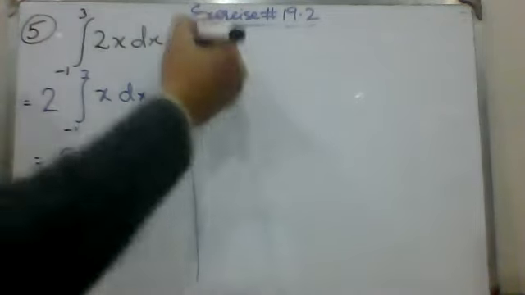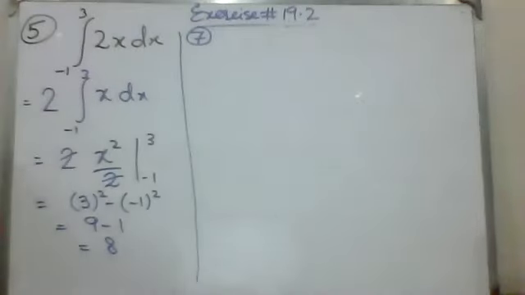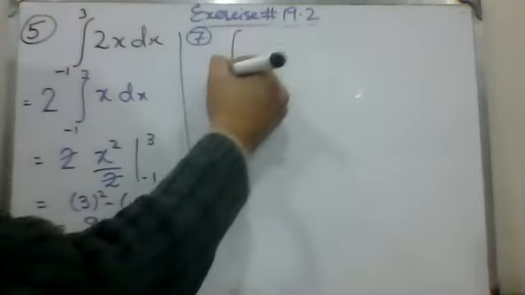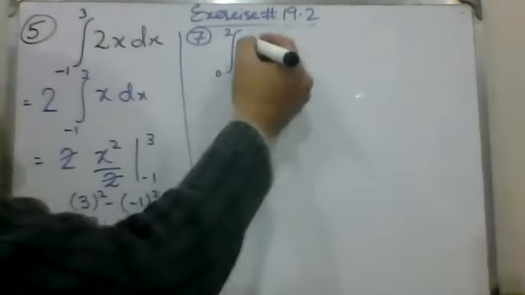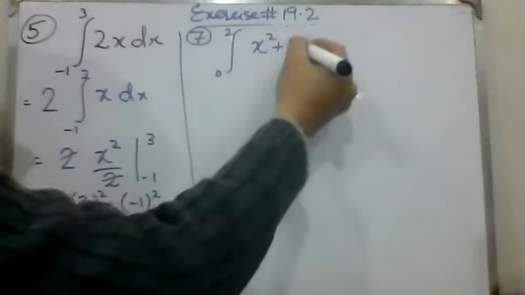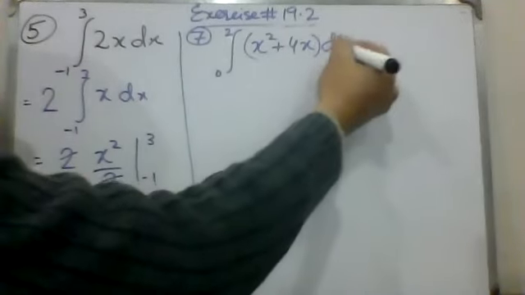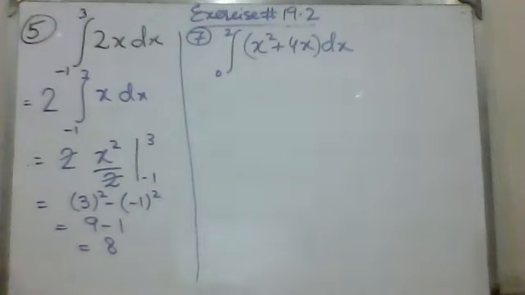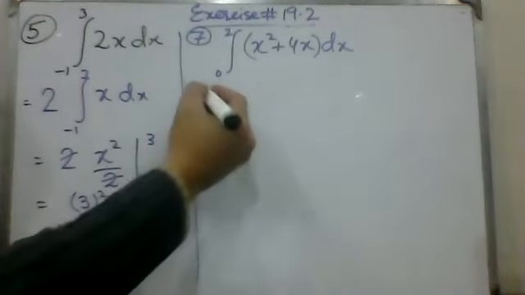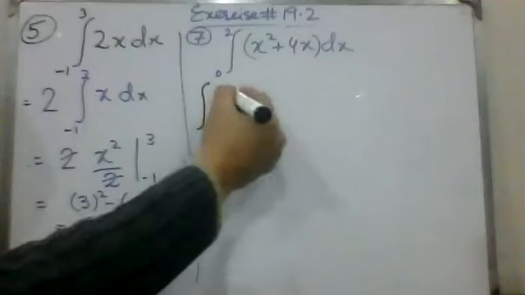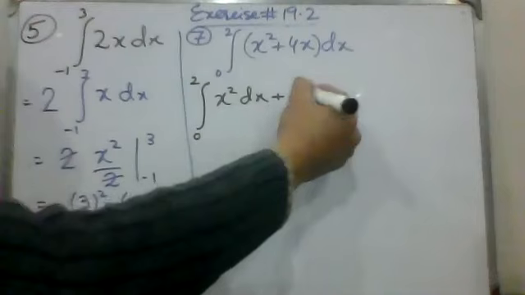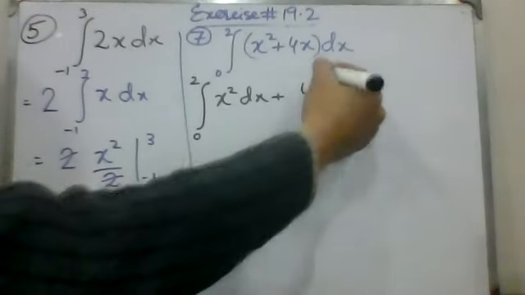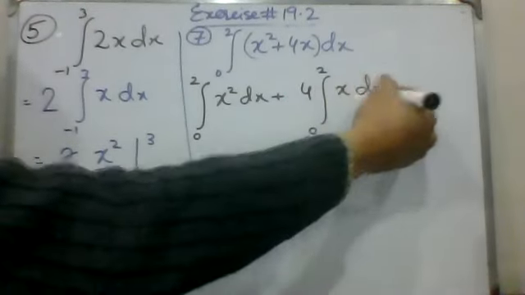Now question number 7, in which two terms are involved. Here, integral from 0 to 2 of (x square plus 4x) dx. That is the problem. So first, the integral of x square dx from 0 to 2, then the constant 4 is shifted outside, integral from 0 to 2 of x dx.